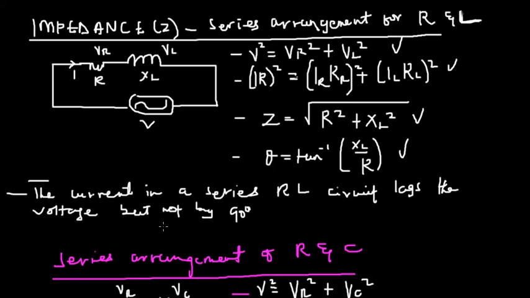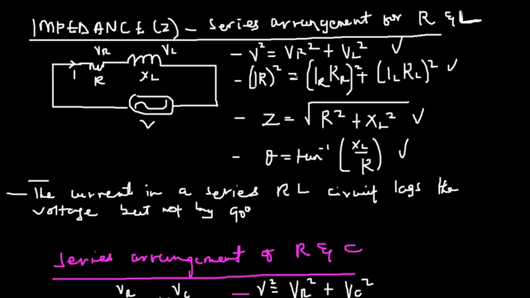You know that for inductance alone the current is always lagging, and for capacitance the current is always leading the voltage. But for a series arrangement of resistor and inductance, even though the current lags the voltage, it's not by 90 degrees. Right, so these are the formulas you need to know.